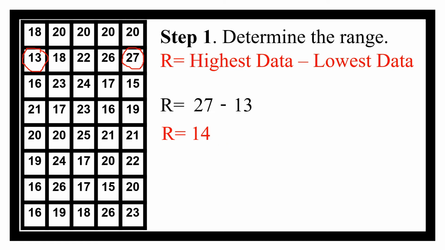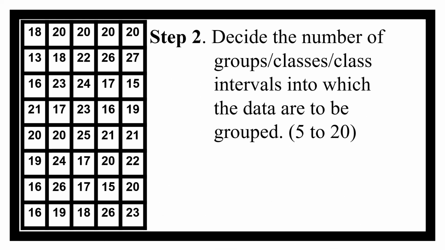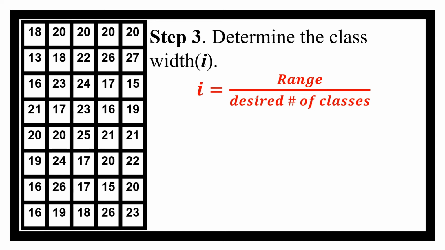Let's now have the second step. Decide the number of groups or classes. So from the problem that we have a while back, it is indicated that we are going to do a frequency distribution table with 5 classes. Now that we have identified the range and the desired number of classes, we will now determine the class width, which is represented by i, and to do that, we have to divide the range, which is 14, by the desired number of classes, which is 5.